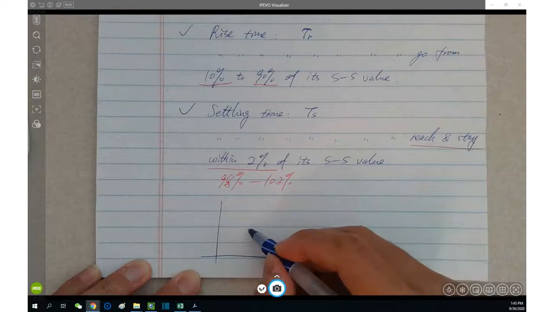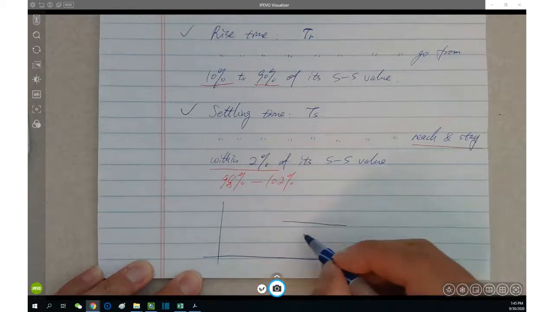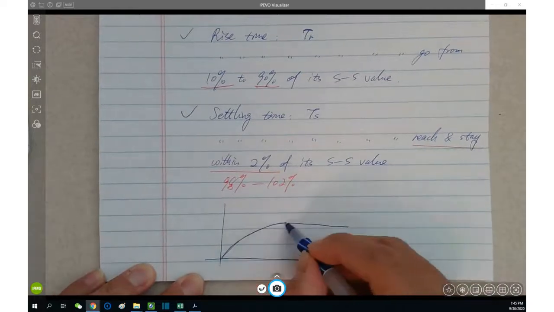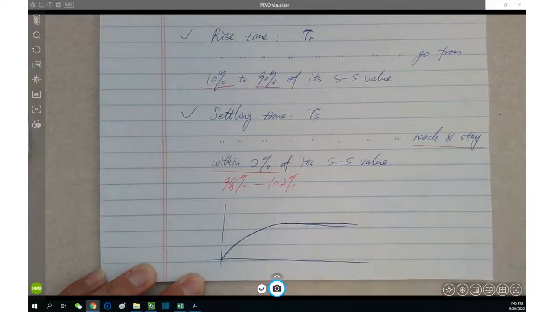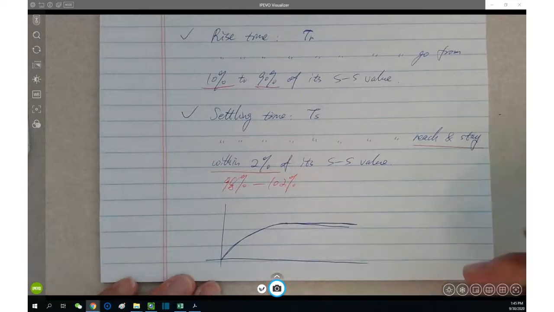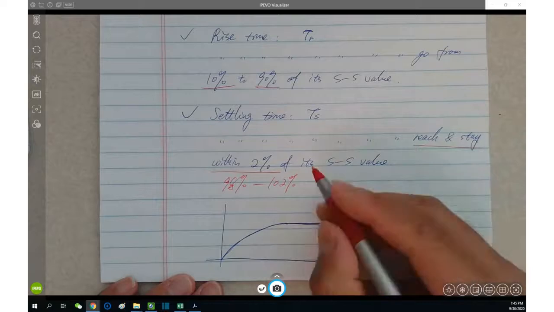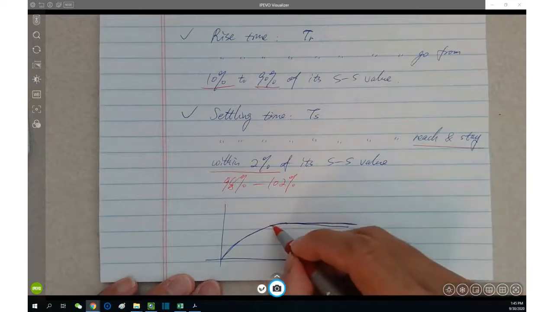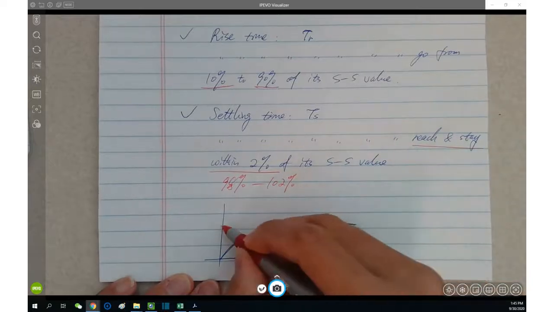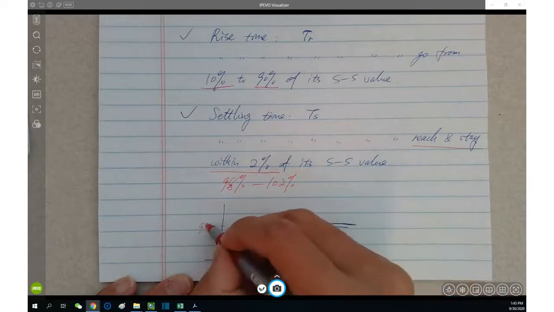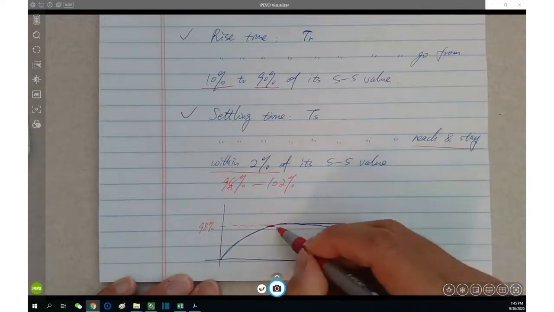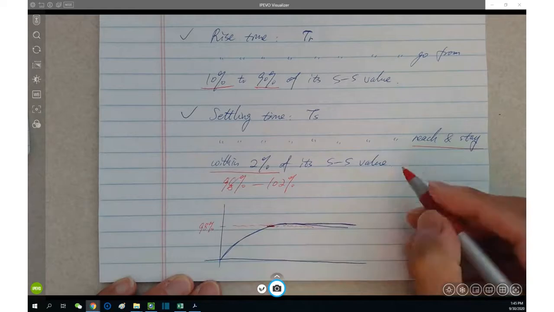So you have a steady state value here, right? So what does it mean by reaching the 98%? It is about here. Let's say this is 98%. It's a little bit lower than the steady state.